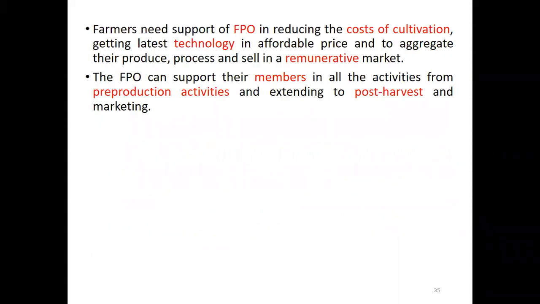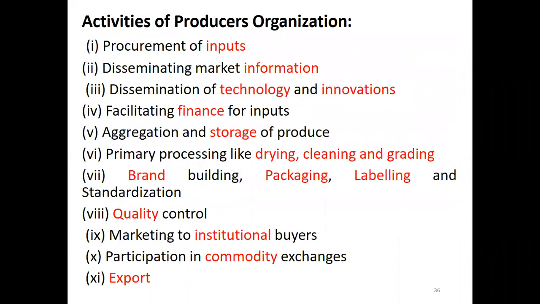Now next one is activities of producers organization. फार्मर्स प्रोड्यूसर ऑर्गेनाइजेशन कौन से एक्टिविटी में इन्वॉल्व होके कॉस्ट सेव कर सकता है. तो फर्स्ट वन इज द प्रोक्योरमेंट ऑफ द इनपुट. जो कुछ इनपुट लगेगा मेरे बिजनेस के लिए, इफ आई एम डूइंग द बिजनेस ऑफ वन एक्टिविटी, तो so many farmers are coming together and they are doing the same kind of activity.